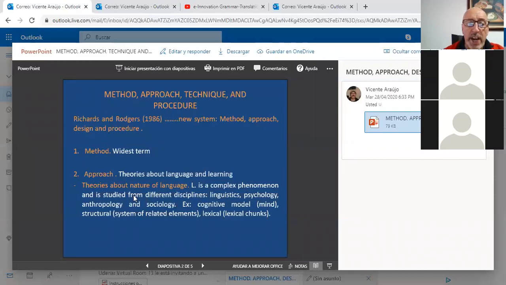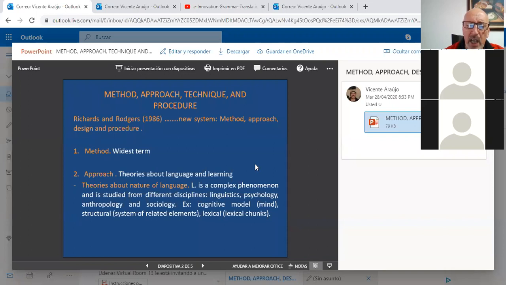And this phenomenon, I mean language, is studied from different areas of knowledge, from different disciplines. One of them is linguistics. So linguistics studies language, of course. Another discipline, psychology. Psychologists also have studied language. What happens with language? What are the implications of language?